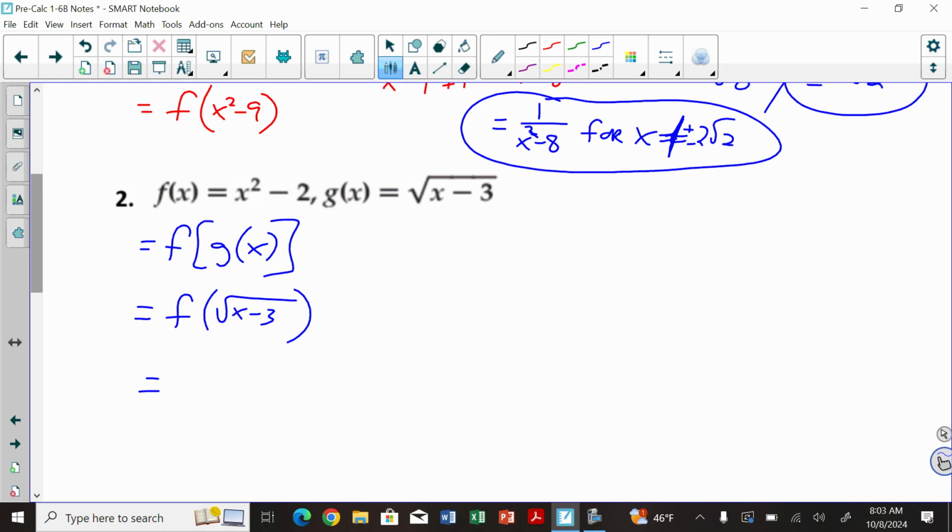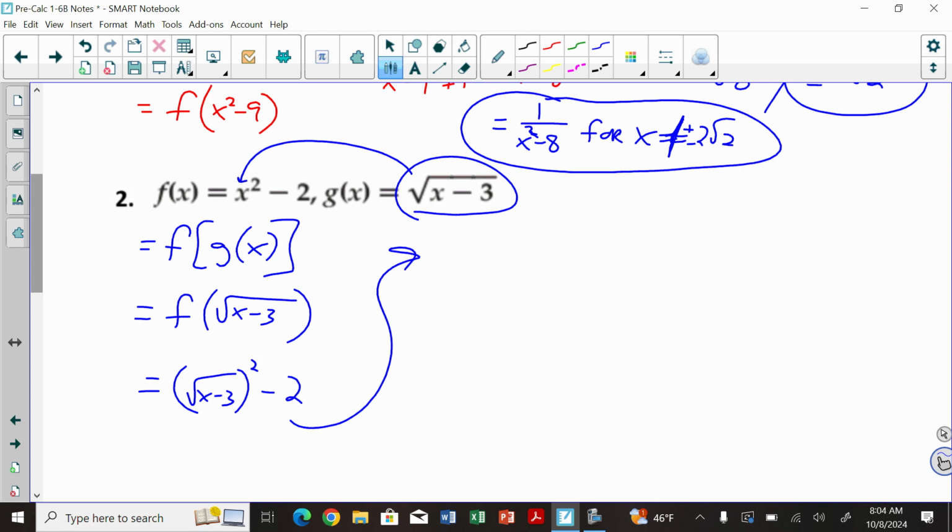Here we're plugging this whole thing into this x squared. So now we're saying that it's going to be the square root of x minus 3, squared, minus 2. Well, we know that squaring is going to undo that. When we square a square root, it undoes it. So we've got x minus 3 minus 2, which equals x minus 5.